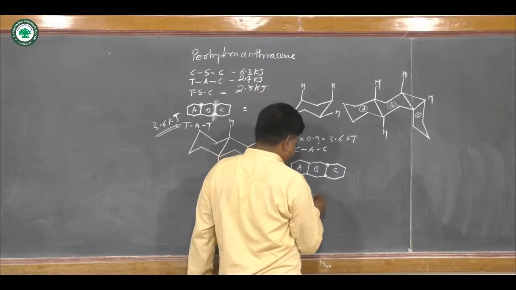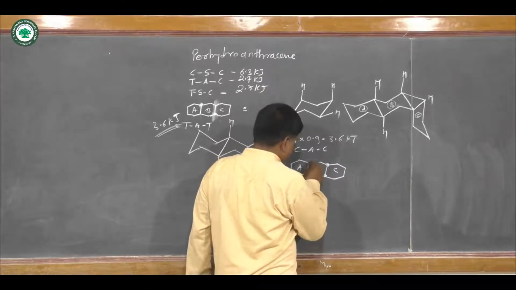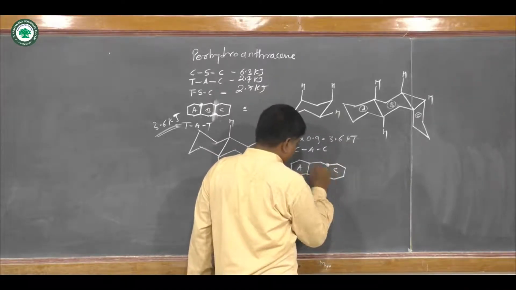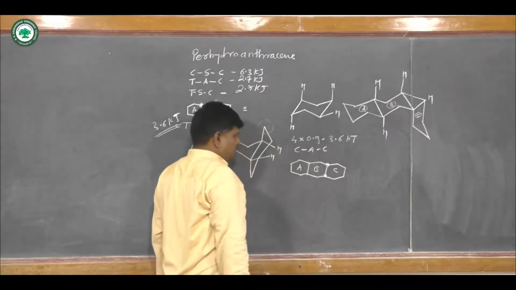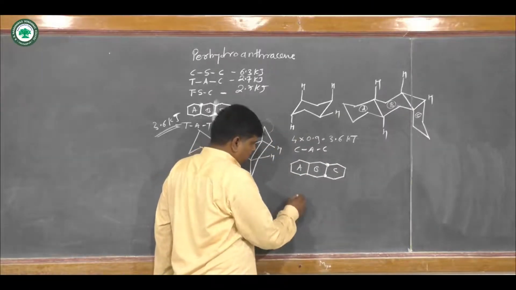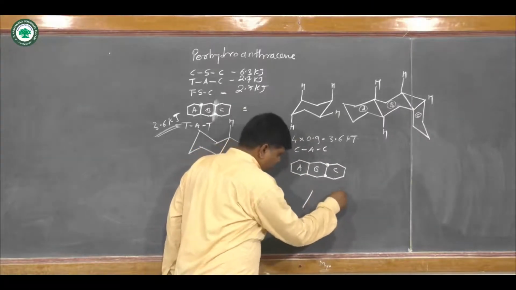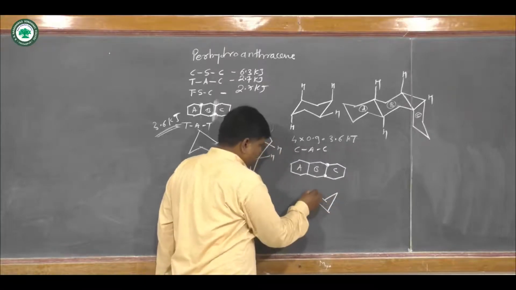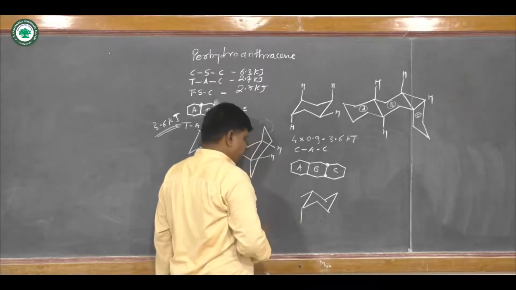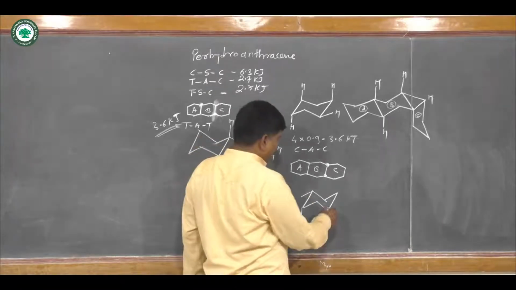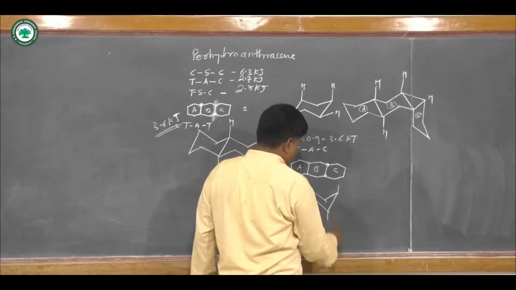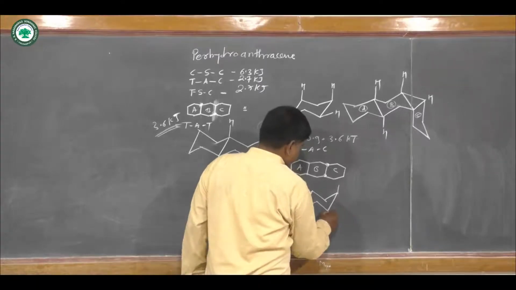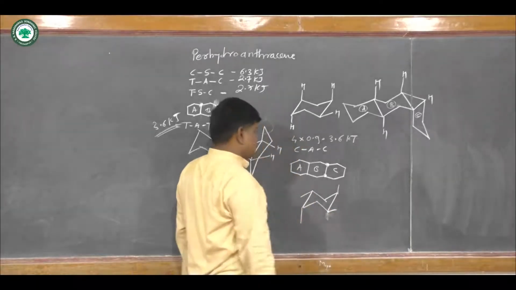Now look here. Suppose both the protons are below the plane and both the protons are above the plane. Suppose we write here, this is your chair. Here both the protons are below the plane, and in this case both the protons are above the plane. Like this.